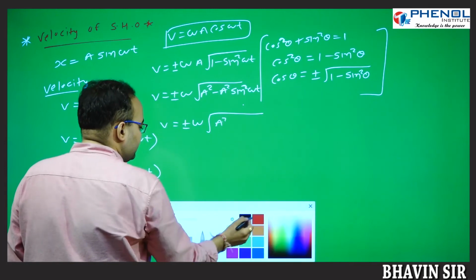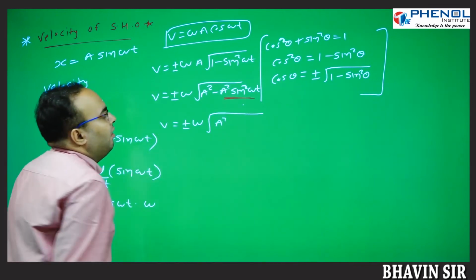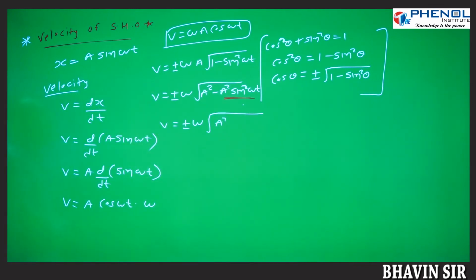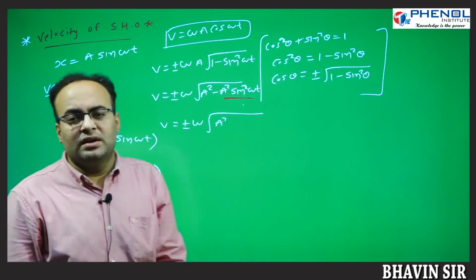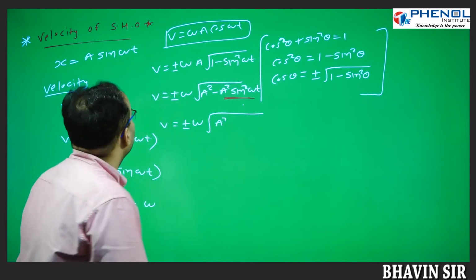Now see students, this a square sin square omega t means what? x square, because x equal to a sin omega t. So x square equal to a square sin square omega t.